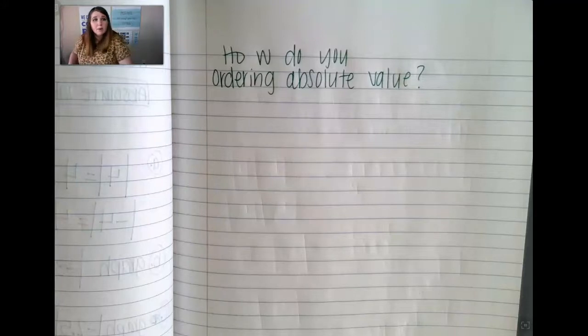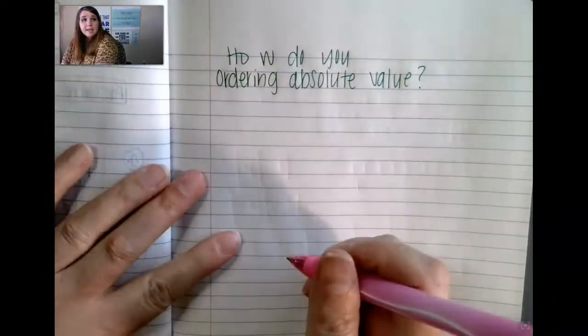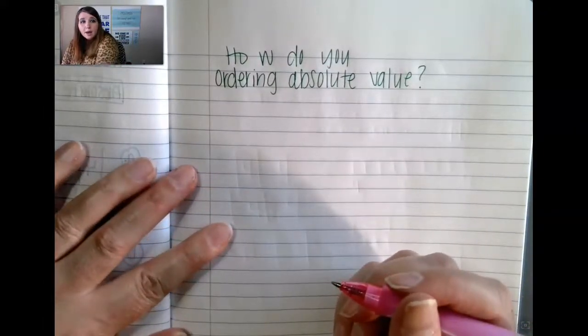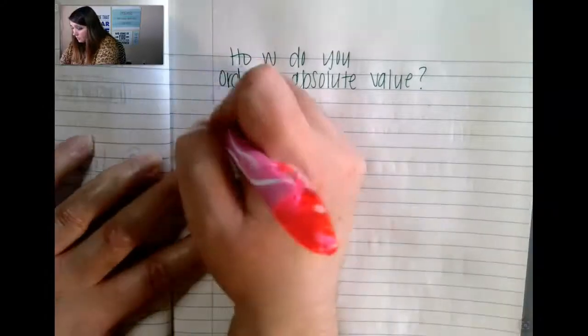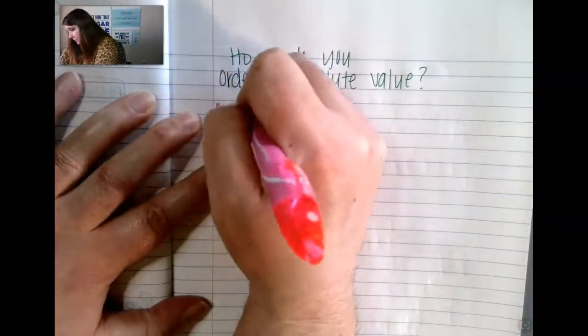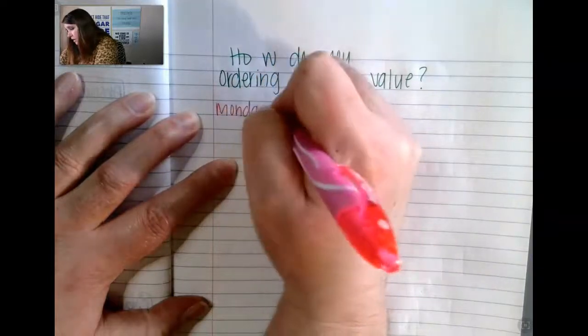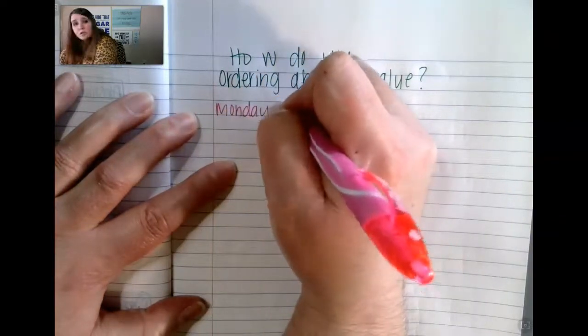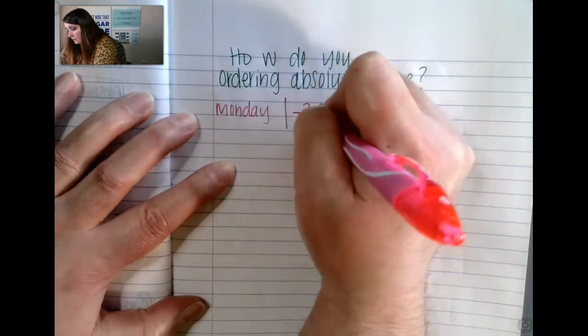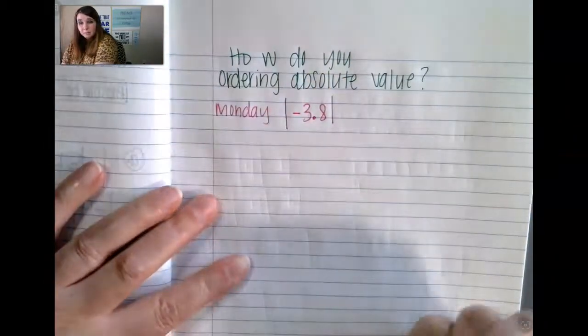All right, let's talk about the temperature in the atmosphere. Let's say the temperature on Monday is the absolute value of negative 3.8, 3 and 8/10.